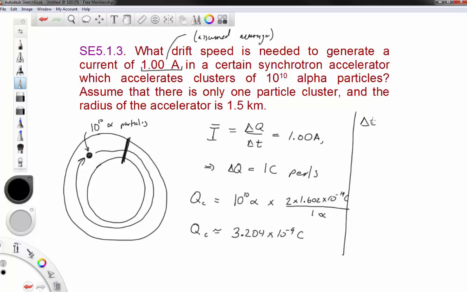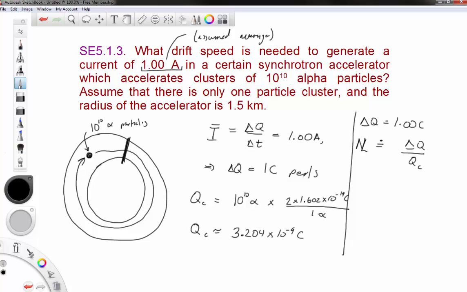Basically, you need delta Q equal to 1.00 coulomb, and we'll call the number of laps n_lap. It's defined as this charge divided by this charge, so delta Q over Q cluster. That tells us how many times the cluster has to go through this point in order to get this charge in a second, or in any amount of time.